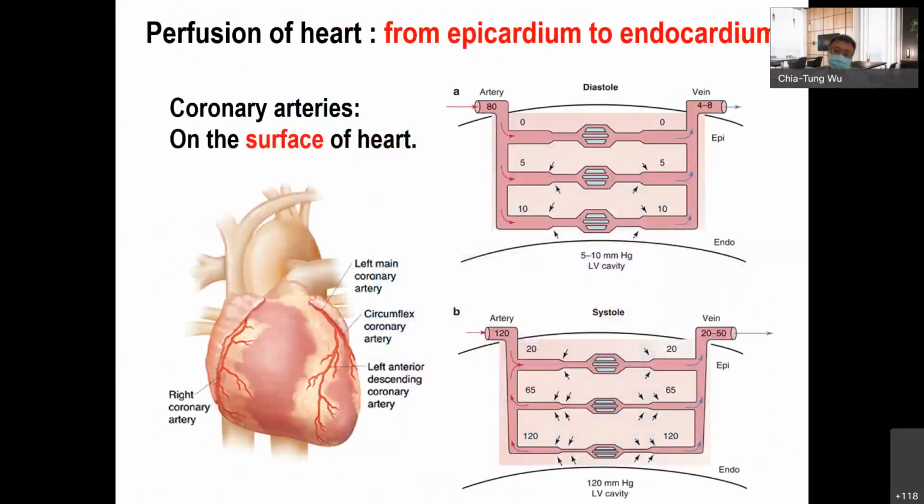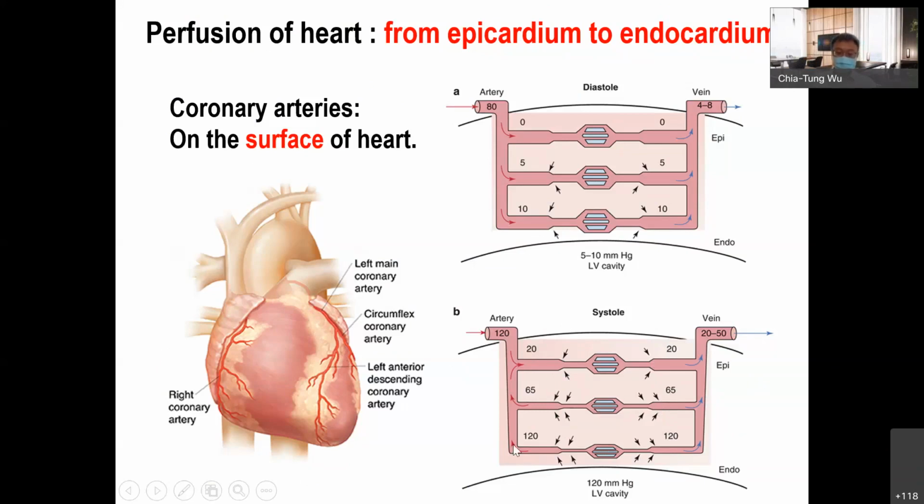For the heart, the perfusion is also very interesting. Our coronary arteries grow on the surface of our heart. Why is it not inside of our heart? Because when our heart contracts, the pressure inside the left ventricle increases, so all the vessels will be compressed.